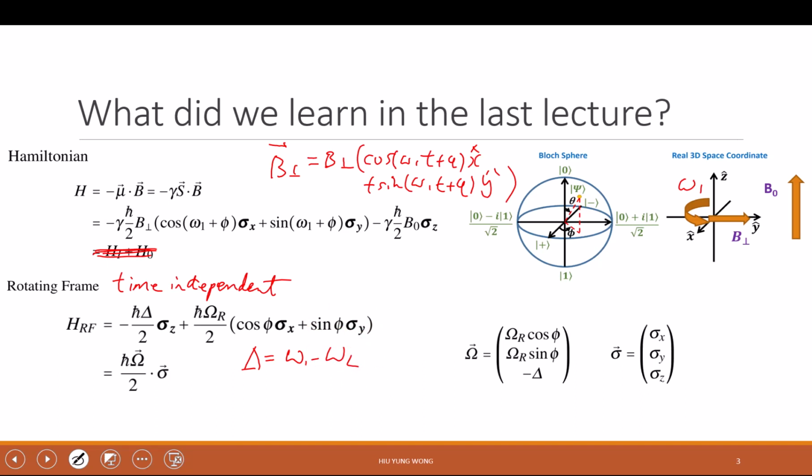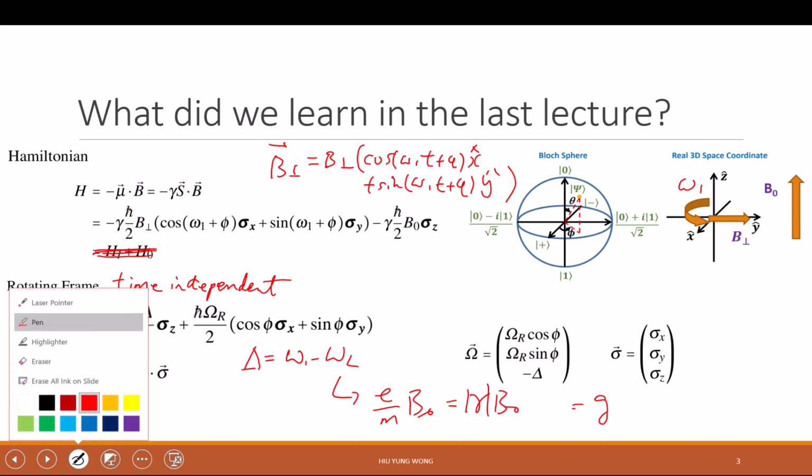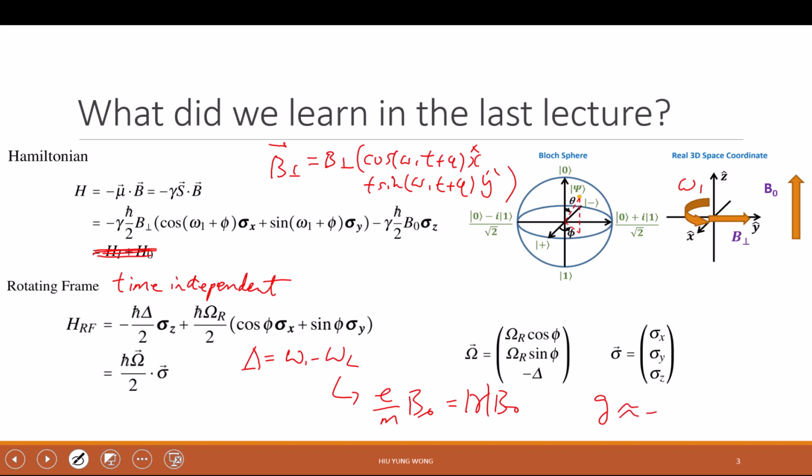Very good. He even said that this is equal to eB0 over m, but more accurately it should be the absolute value of gamma times B0. Because it's an electron, I assume g is approximately equal to -2.